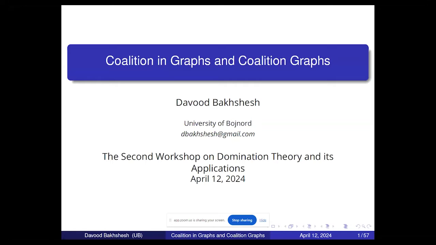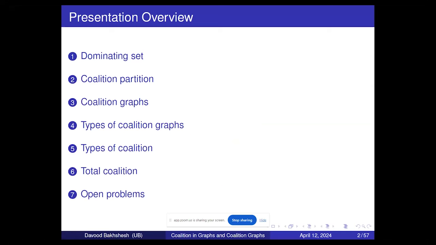The topic of my presentation is coalition in graphs and coalition graphs. First, we have a presentation overview. Here are the general points of the speech. We'll begin by discussing the concept of the dominating set.